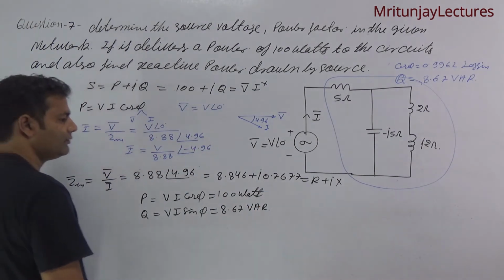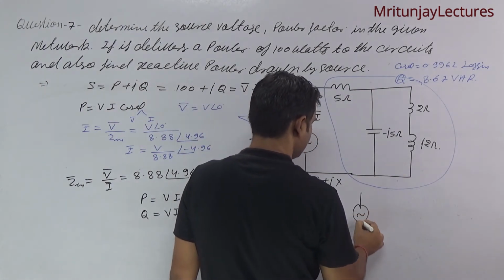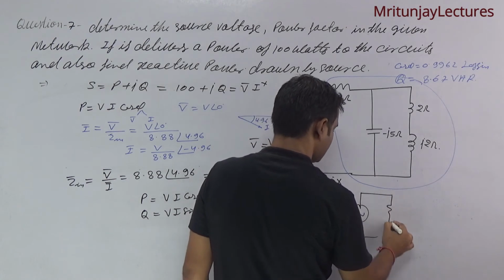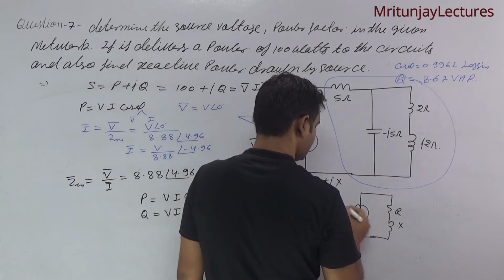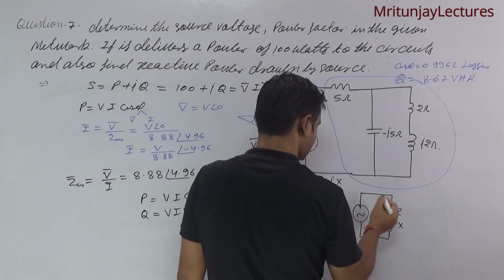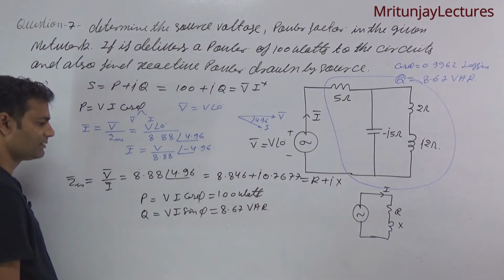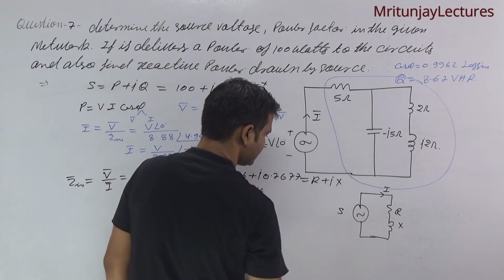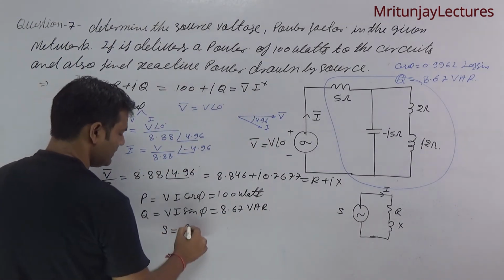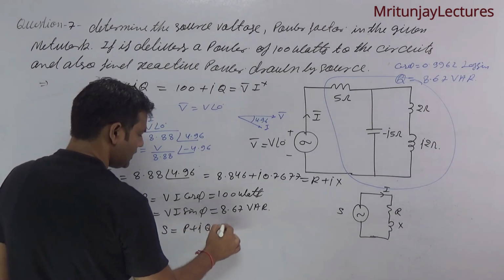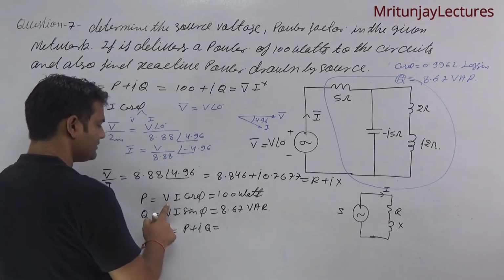Okay, if you assume this circuit finally has R and X, and current is I, that is S. You know that S is written as P plus JQ, or you can say that P is equal to VI cos phi.